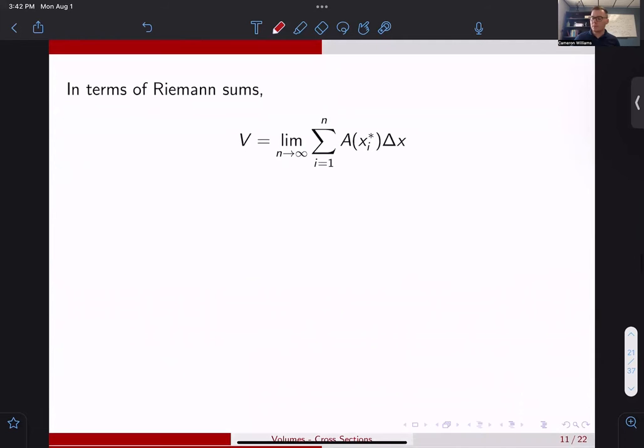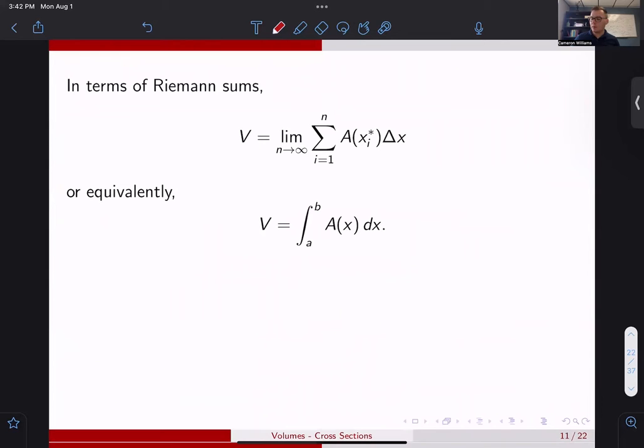So in terms of Riemann sums, taking the limit, this was our approximate volume. Taking the limit is going to give us the true volume. But based on Riemann sums, we know that we can rewrite this expression in a different notation. This is the definite integral.